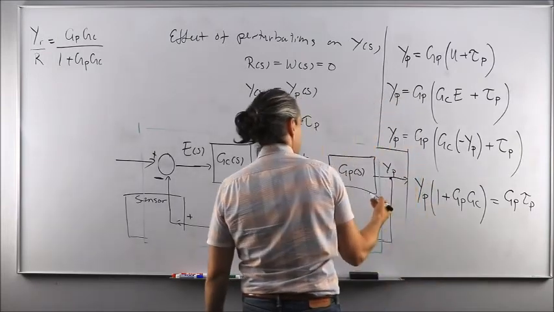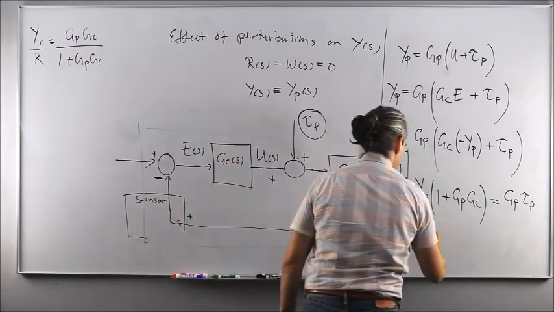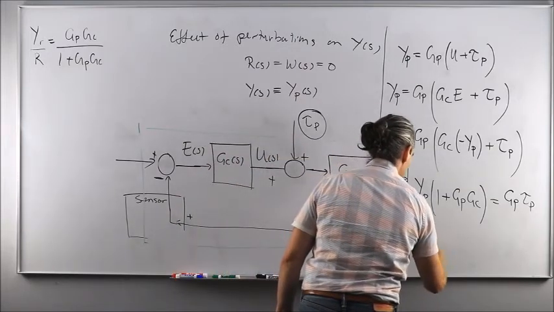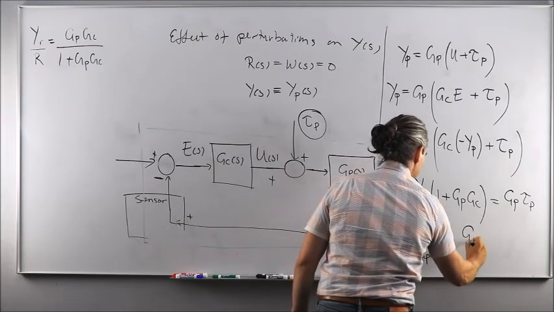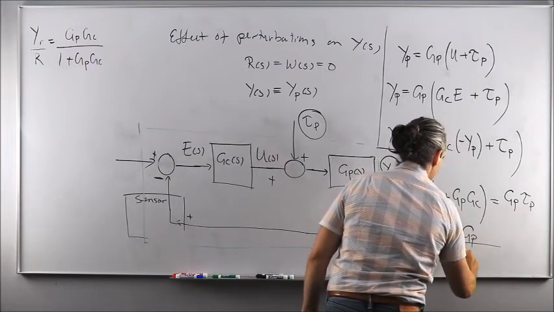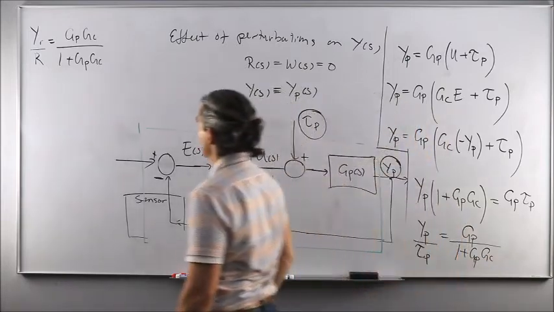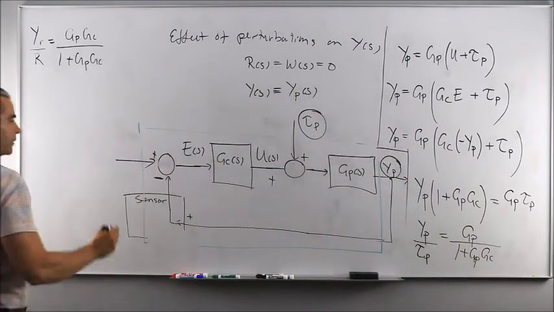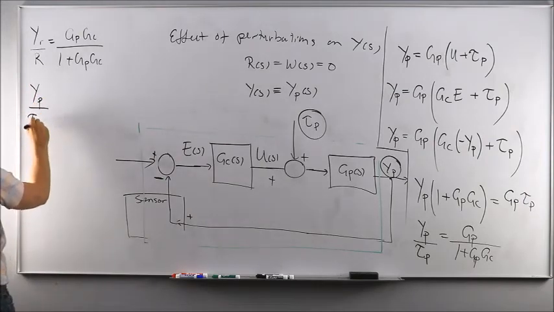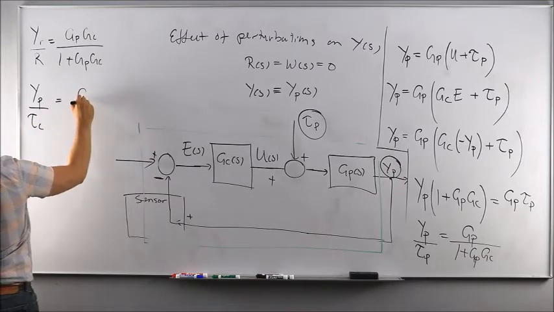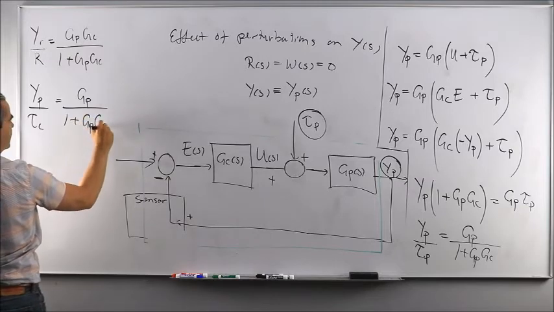And because I was seeking the relationship between this output and that input specifically, I'm going to write yp over tau p equal to gp over 1 plus gp gc. Very similar to the last one, yet slightly different. So let's report it here. We want to make use of it later on. So gp over 1 plus gp gc.